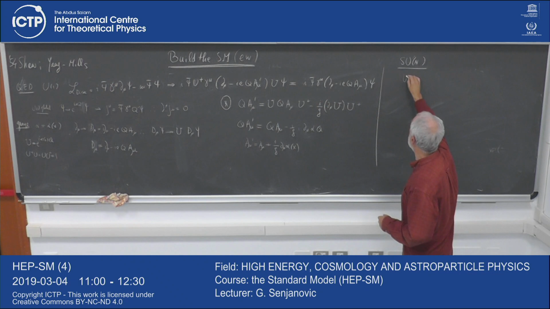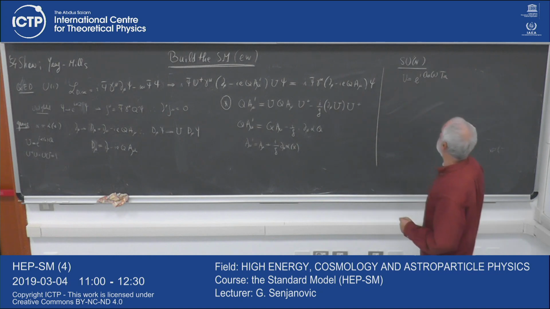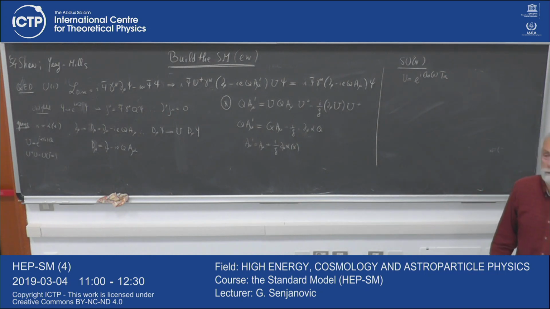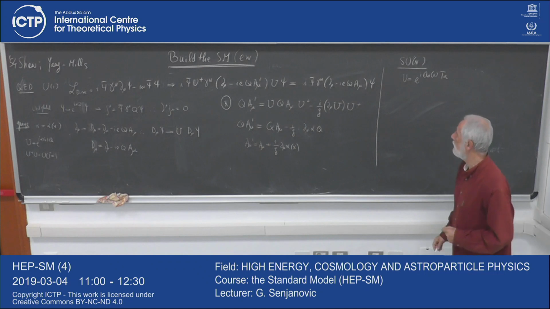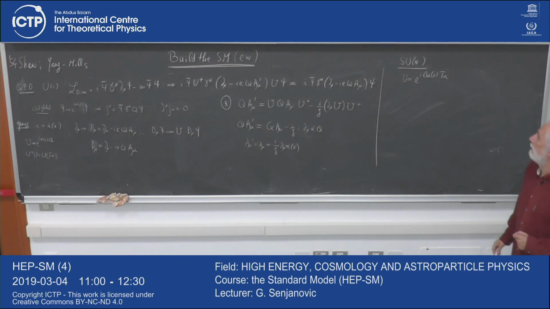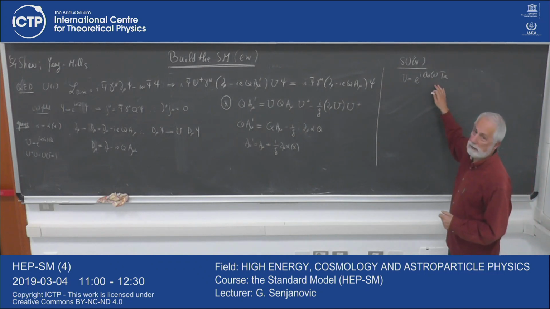from U(1). The only difference is that U is e to the i, I often write theta A T A. Every unitary matrix can be written as e to the i times a Hermitian matrix.